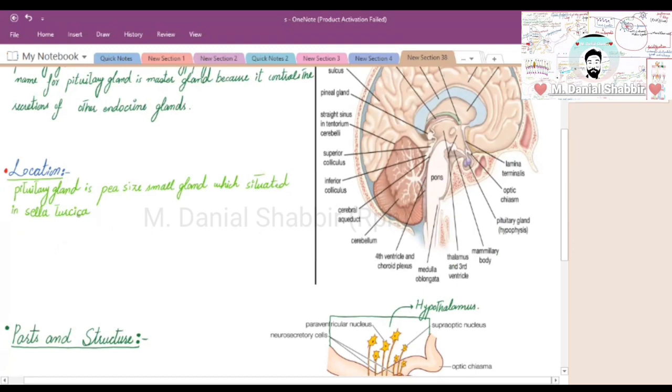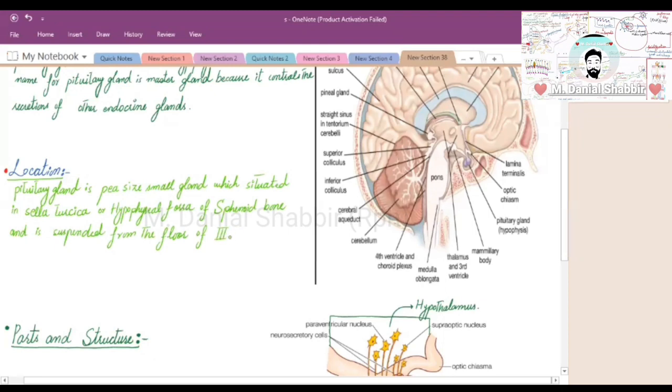It is situated in the sella turcica, which is also called the hypophyseal fossa of the sphenoid bone, and is suspended from the floor of the third ventricle.